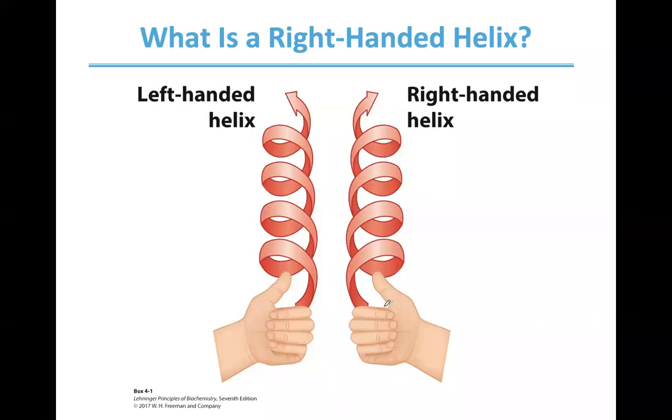The way I look at it, if this is the direction of propagation, and the alpha helix turns in a clockwise manner, then it's right-handed. And this is counterclockwise. If it's counterclockwise, it's left-handed.